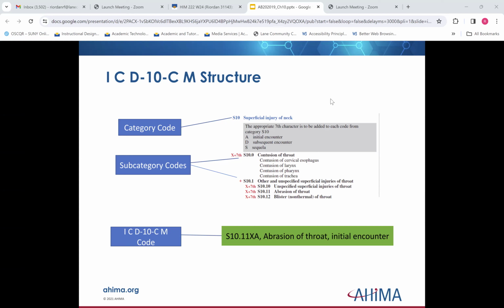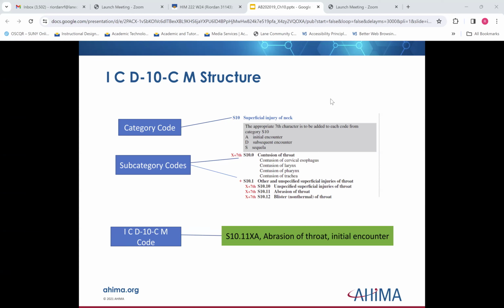For those of you who have taken HIM 270, this will be pretty straightforward. We have certain things, the category code, the first 3 characters, and then we have the 7th character, which talks about whether it's an initial encounter, subsequent encounter, sequela. We have subcategories, right?